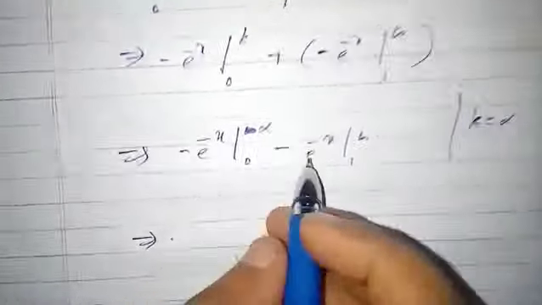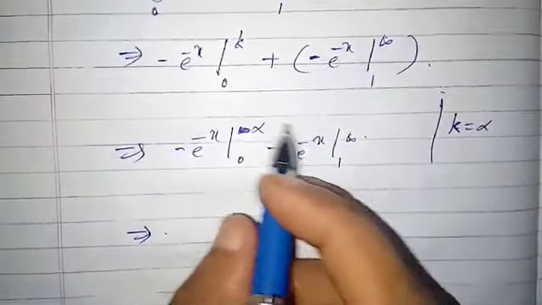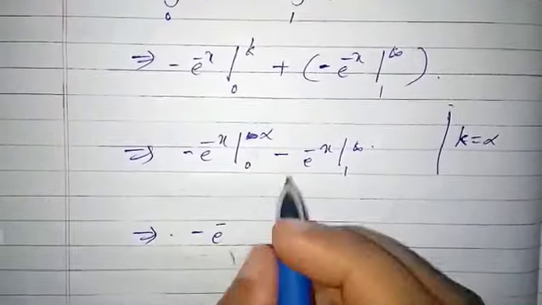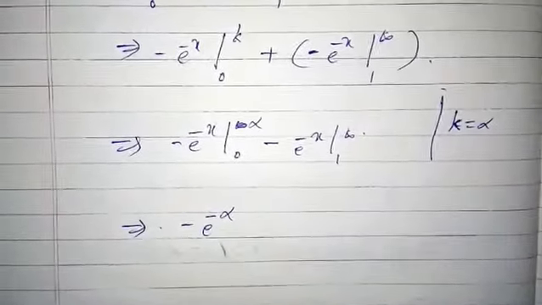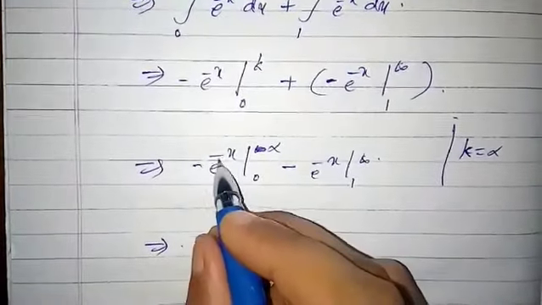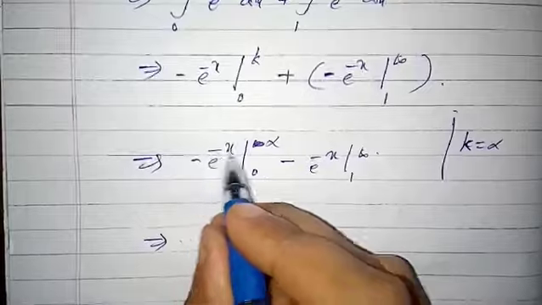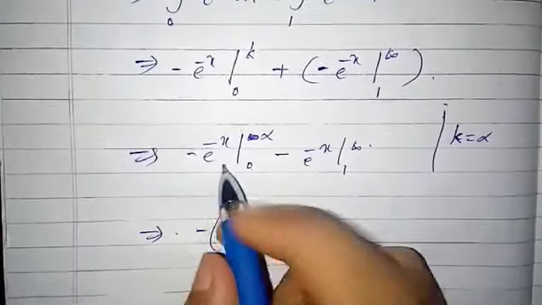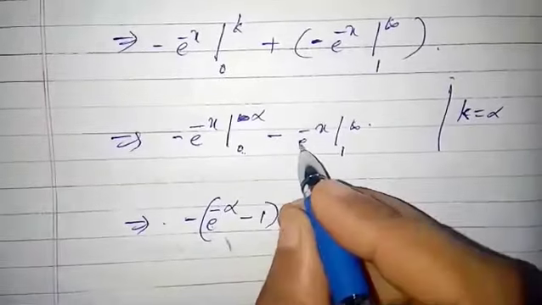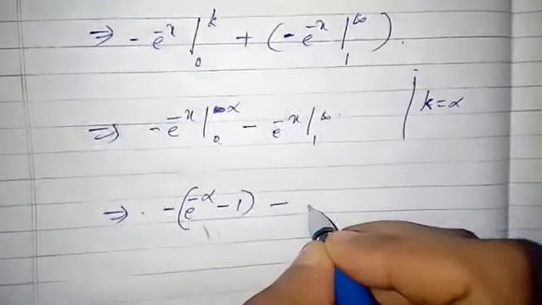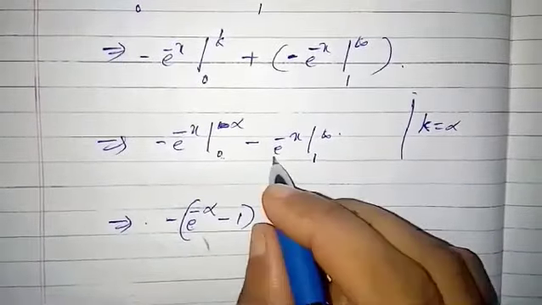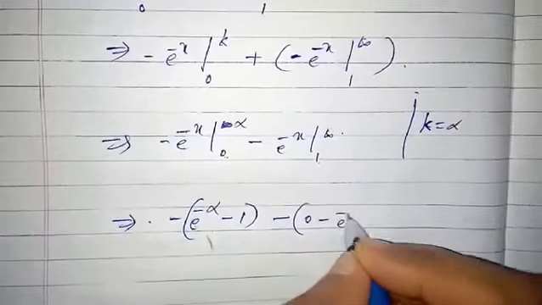Substituting the upper and lower limits, we get e power minus alpha minus e power minus 0, that is 1, right? E power minus 0 means 1. Then minus this term: e power minus infinity is 0, and minus e power minus 1 gives e power minus 1.